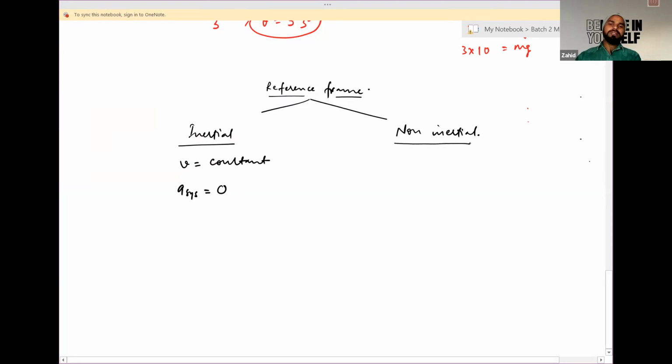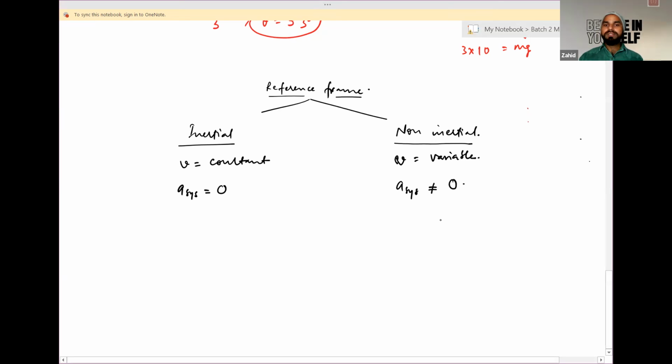Second, for non-inertial frame, velocity will be variable and then there will be some acceleration of the system. Due to this acceleration of the system, there will be some amount of force acting on the system, due to which there will be change in inertia of that particular object.